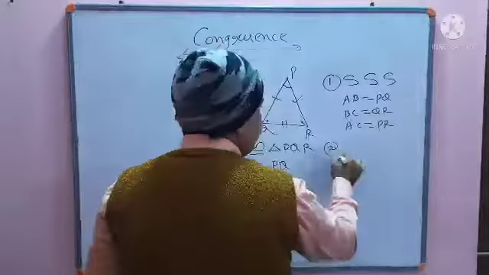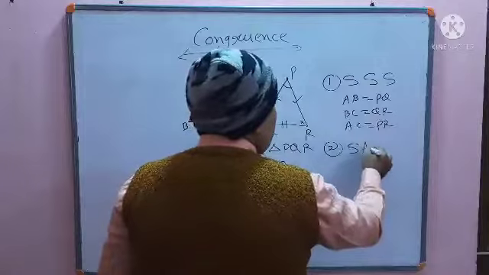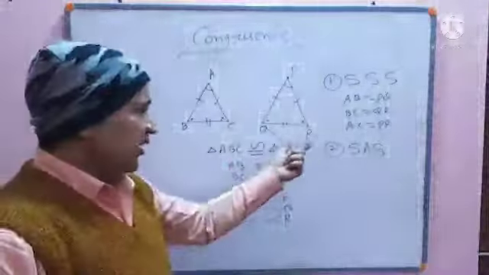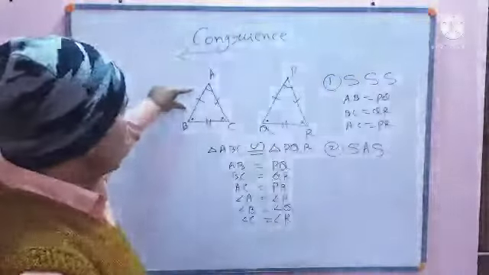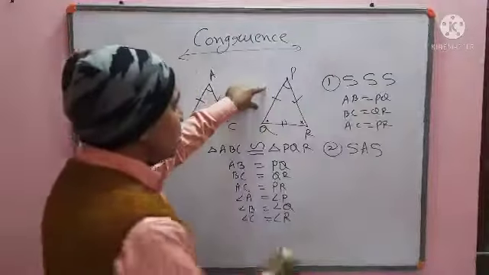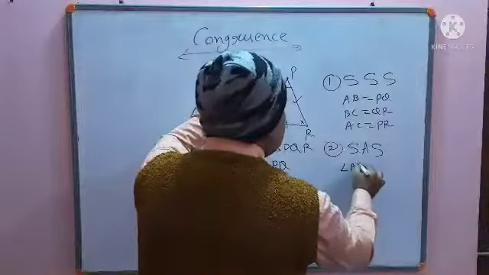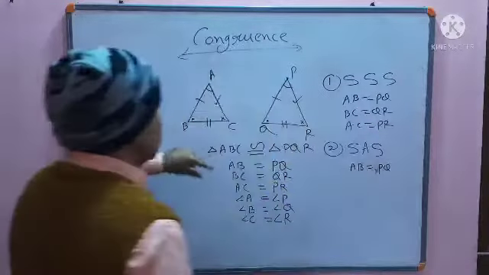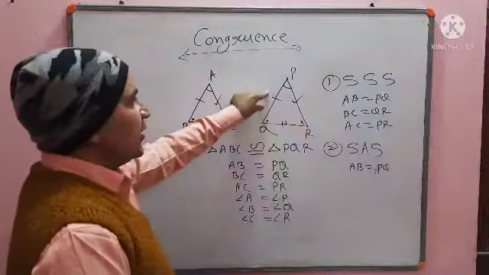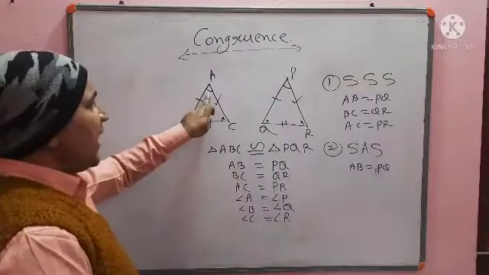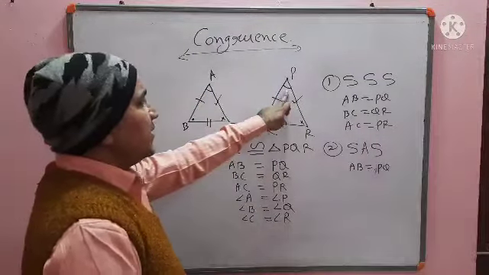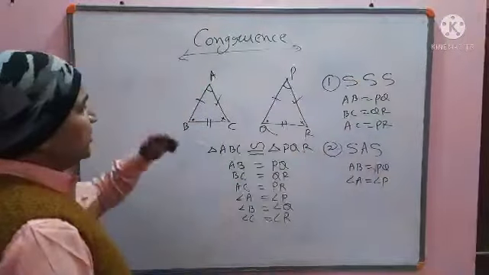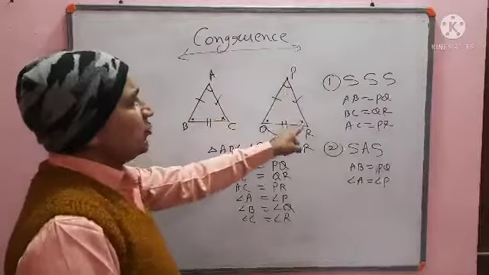The second criteria is side, angle, side. Now what is the meaning of this criteria? Suppose we are taking side AB is equal to side PQ. After that, if angle A is equal to angle P, then definitely AC must be equal to PR.